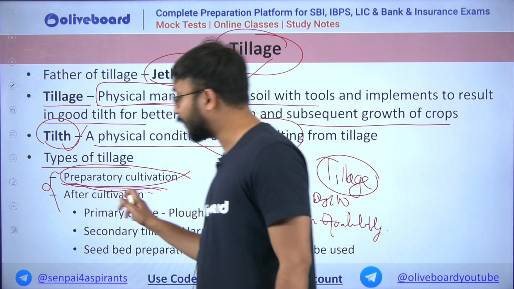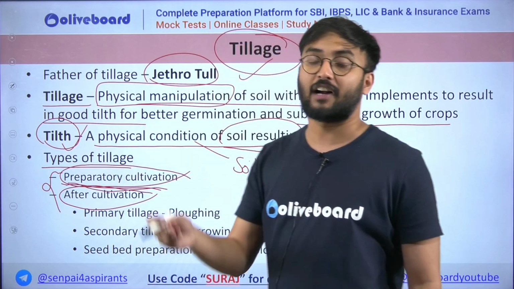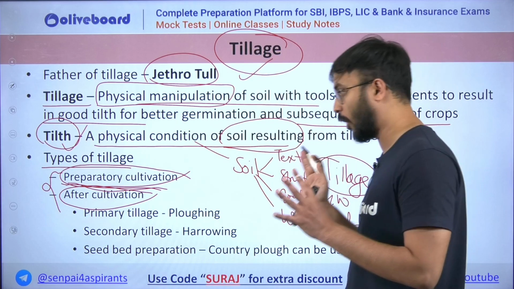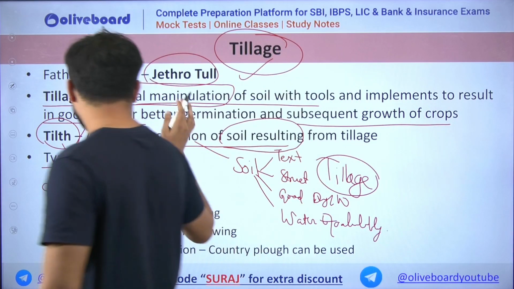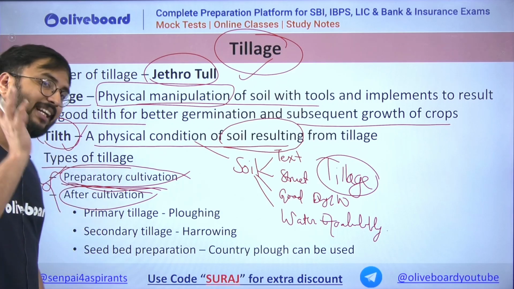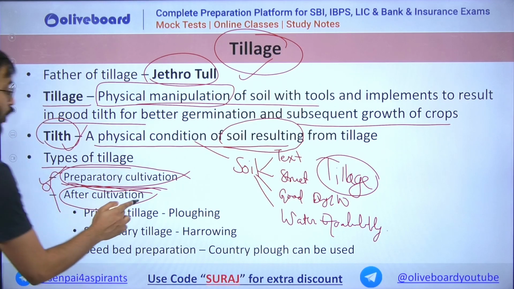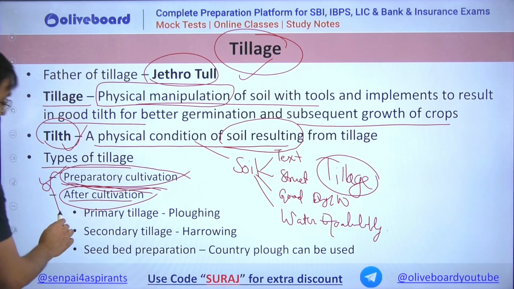And second is after the cultivation, that is after sowing the seeds and after the germination of that particular crop, there are certain soil preparatory activities. So the first type is preparatory cultivation, which is generally done for sowing the seeds. Second is after sowing and germination of the seeds.